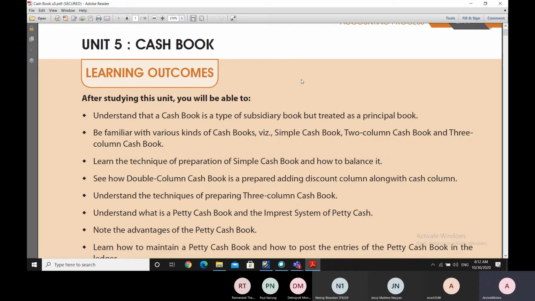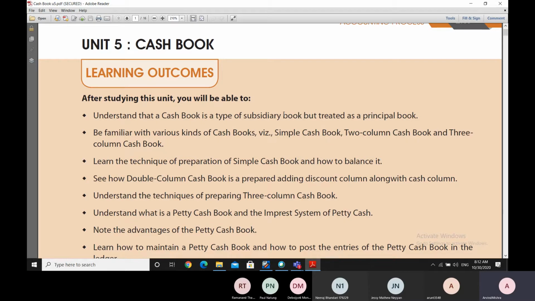This question must have come to your mind earlier also, that in spite of being a type of a subsidiary book, why it is treated as a principal book.